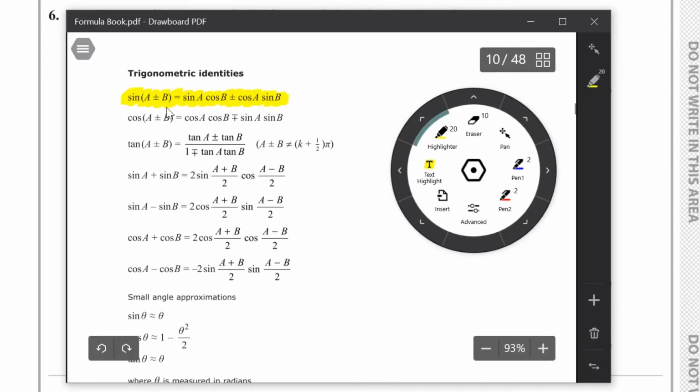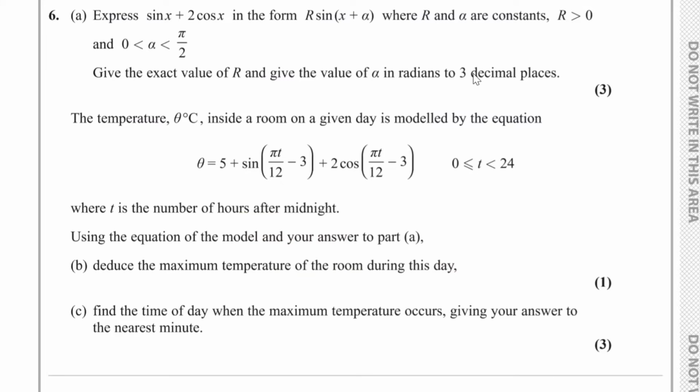In the formula book, we can use the compound angle formula shown here. Sine of (a plus b) is equal to sine a cos b plus cos a sine b. So we can express sin x plus 2 cos x in this form by rewriting this as the following.